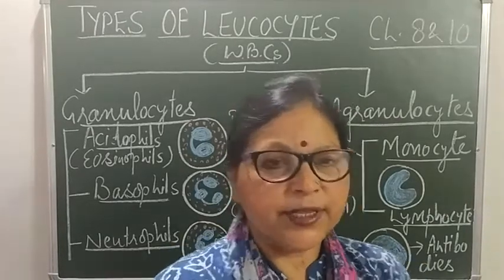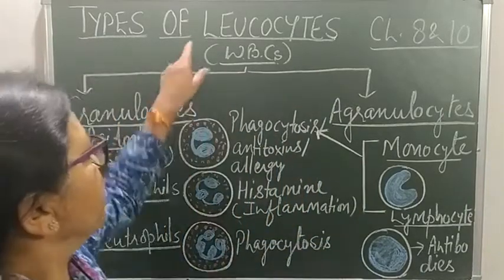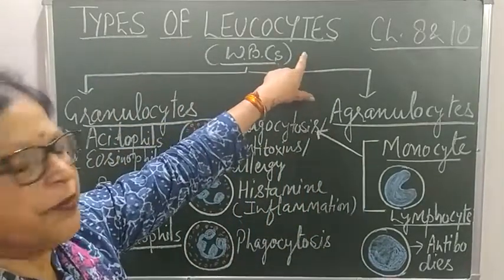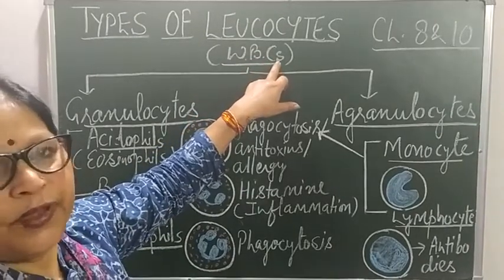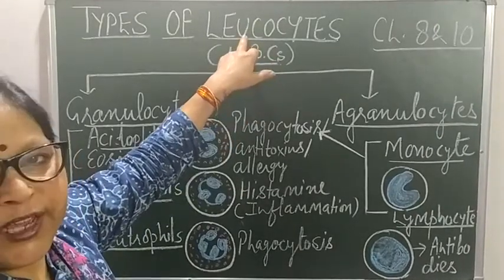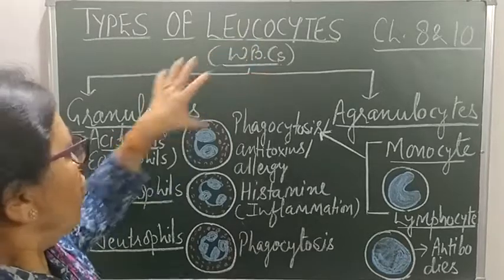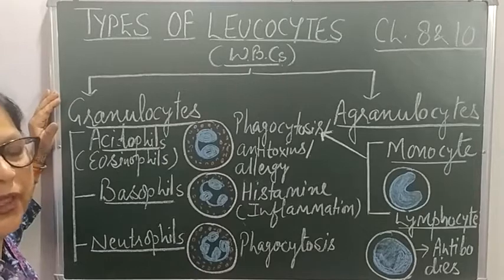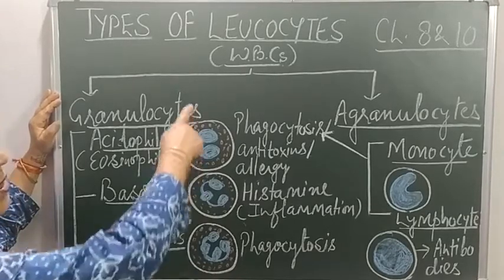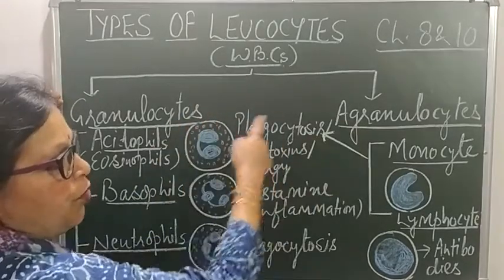Now white blood cells are also known as leukocytes. They are simply called white cells also, or leukocytes. On the basis of the type of cytoplasm they have, these cells are of mainly two types.